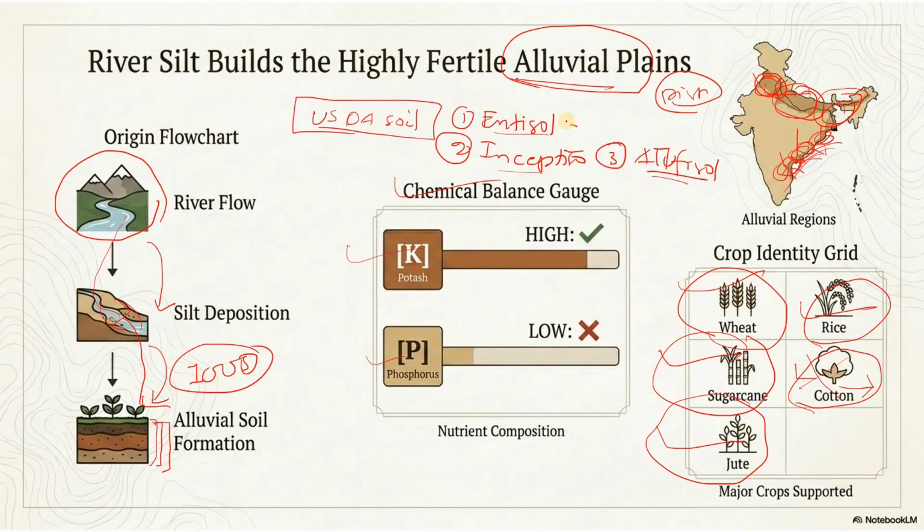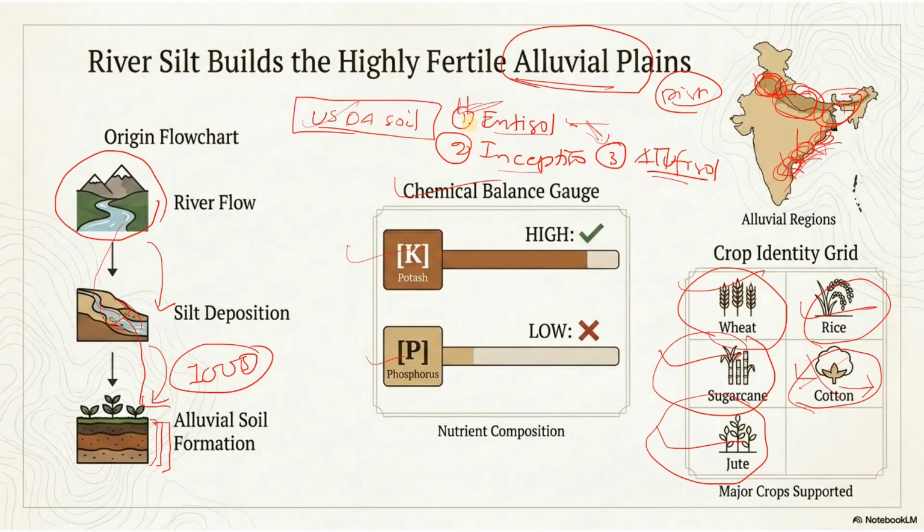So I will briefly say what the relevance is and how they are distinguished from each other. If you want to know in detail, you can watch another video on the channel, the detailed explanation of USDA soil taxonomy.